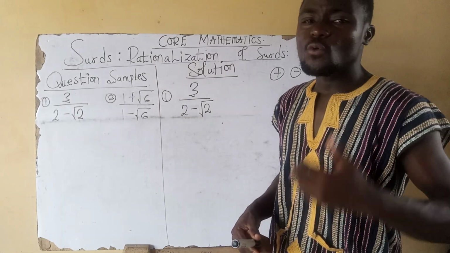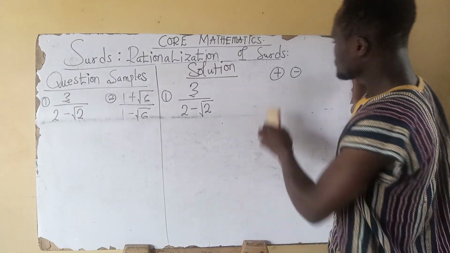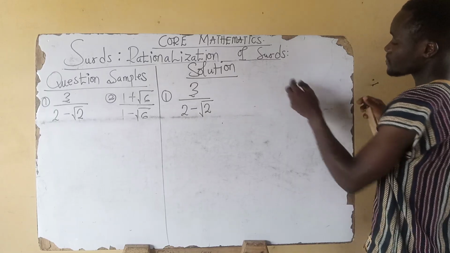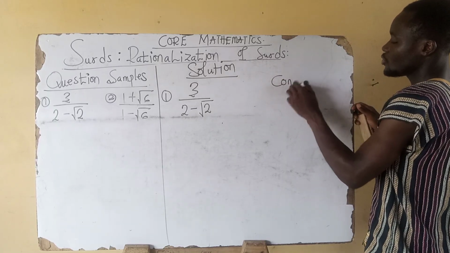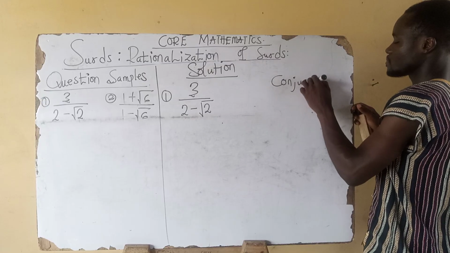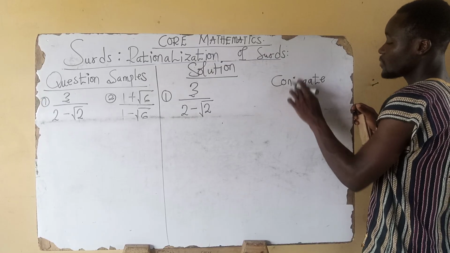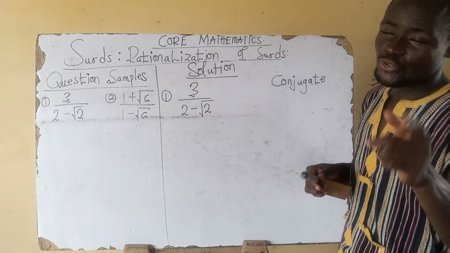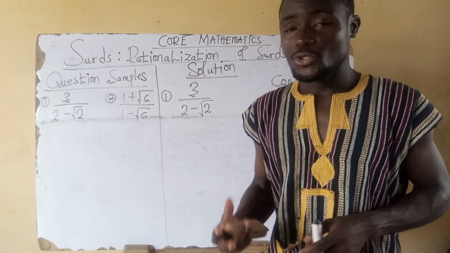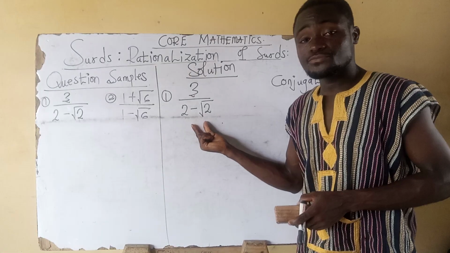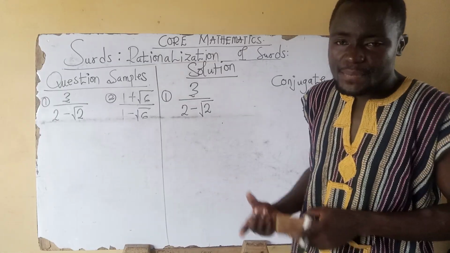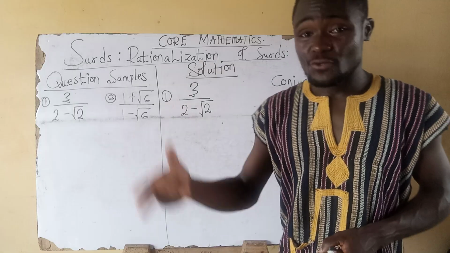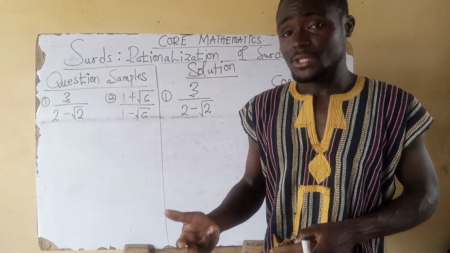So having a problem like this, what we are going to do is first of all find the conjugate. Take note of this word: the conjugate. We are going to find what? The conjugate. I want you to also pronounce it: conjugate. We only find the conjugate when the denominator is a binomial or a compound surd.